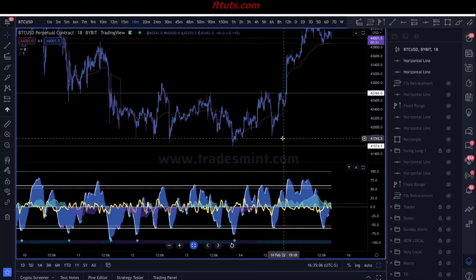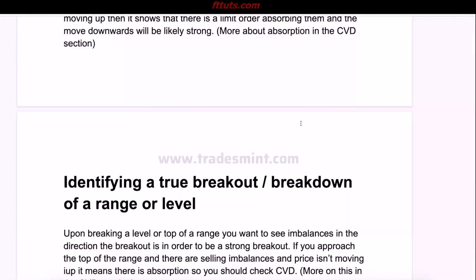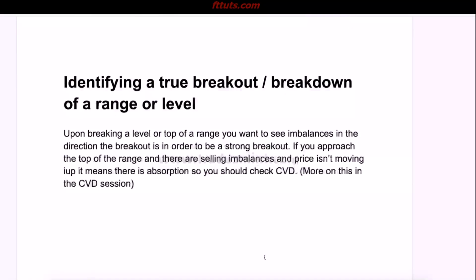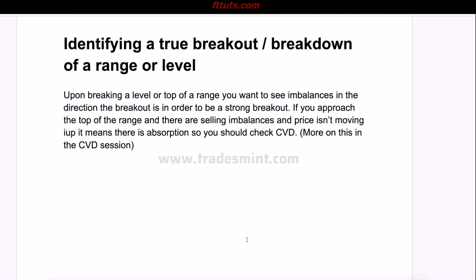So what we want to see on a true breakout is lots of imbalances in the direction of the breakout. If you approach the top of a range and there are selling imbalances and price is not moving down, it means that there is absorption, and you should check CVD. We're going to get into this more in the later session.